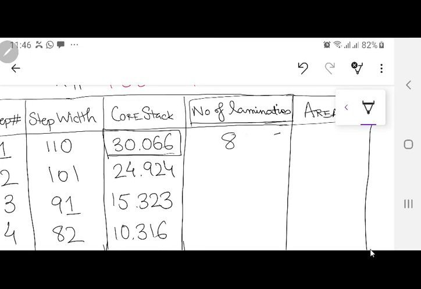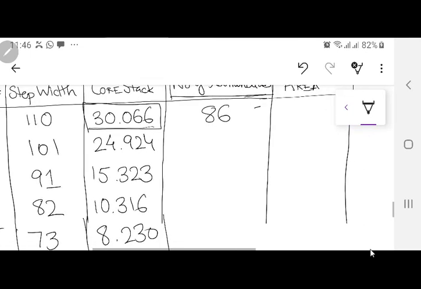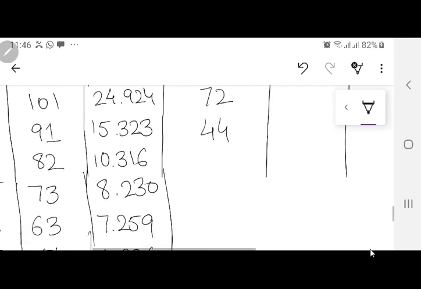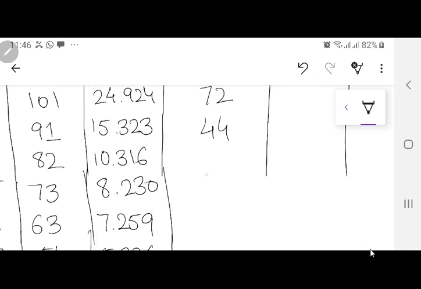86. Okay, number of laminations 86. Next one. 72. Okay, next one. 44. Okay. 30. 30 or 34? 30.